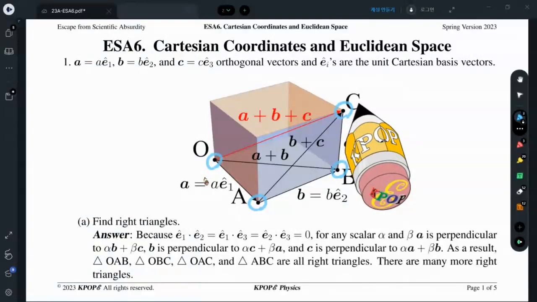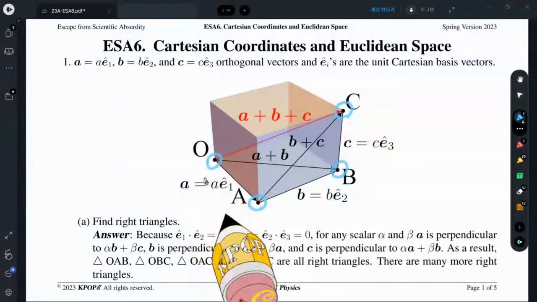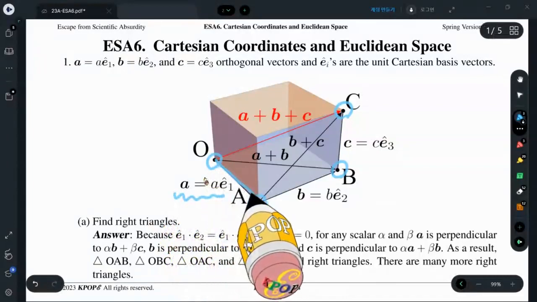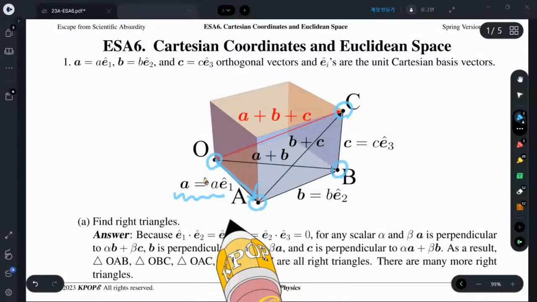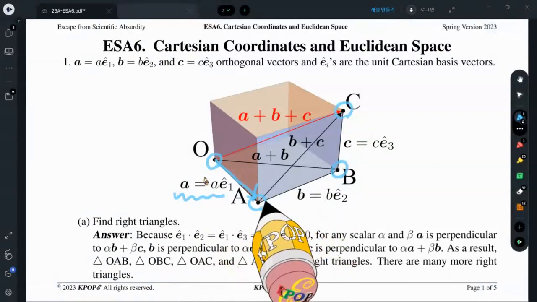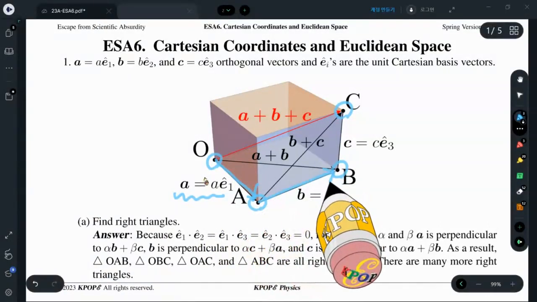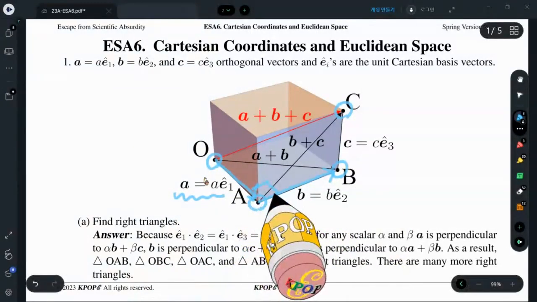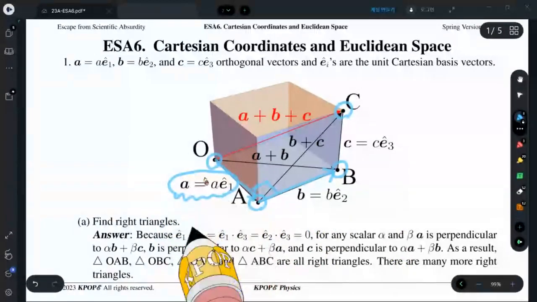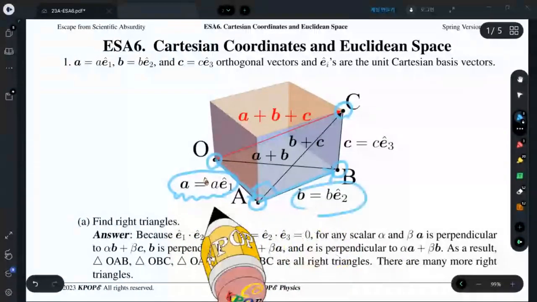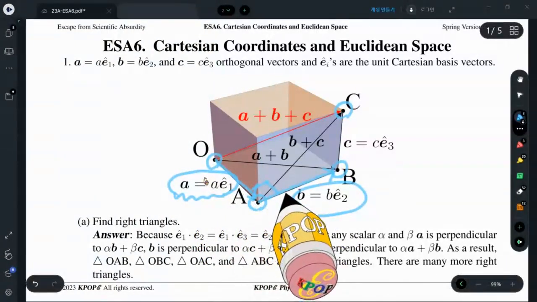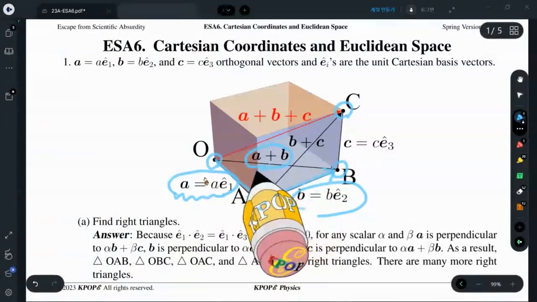Using vectors representing the sides, we can introduce a small a vector that connects the origin to A. B connects starting from A, ending at point B. We have a right triangle, and by connecting the head and tail of the two vectors, we can construct the sum of the two vectors.